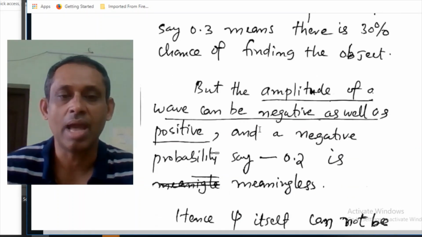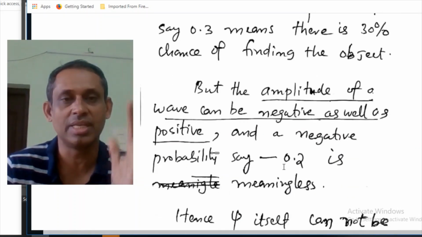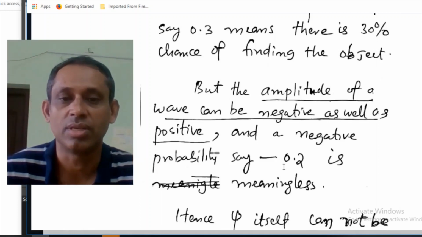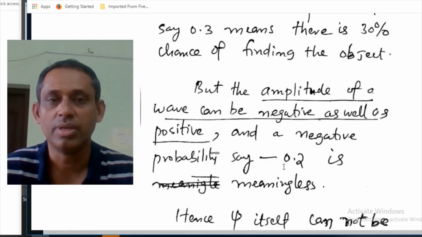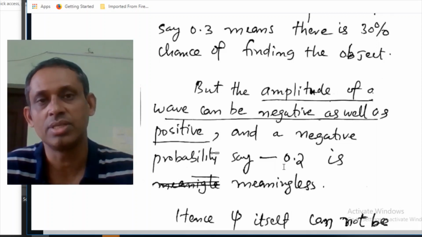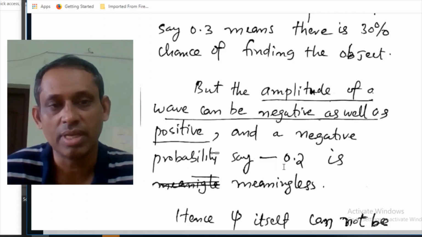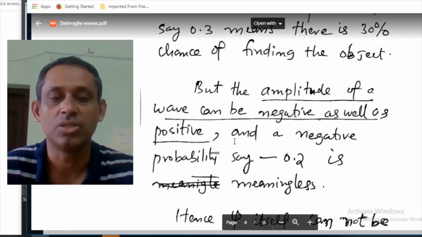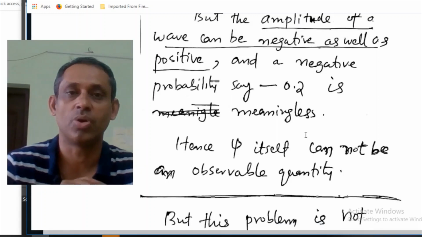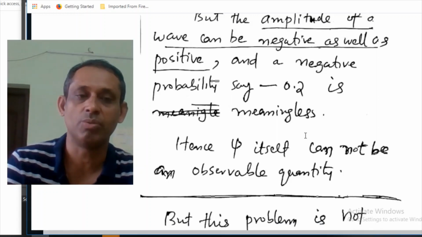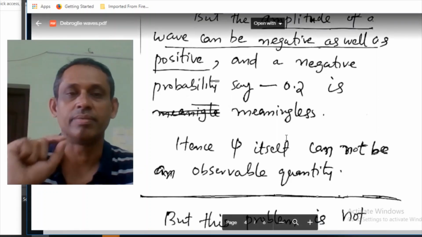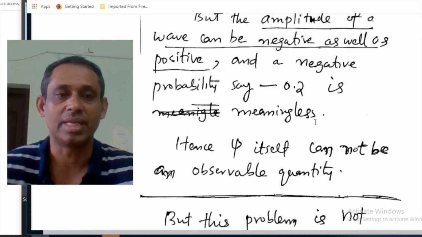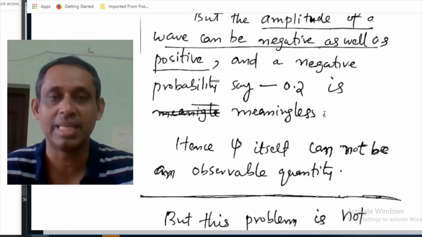But the instantaneous amplitude of a wave can be negative as well as positive. The wave function can be positive as well as negative. When psi takes the value minus 0.2, we cannot say what the probability is, because a negative probability is meaningless.